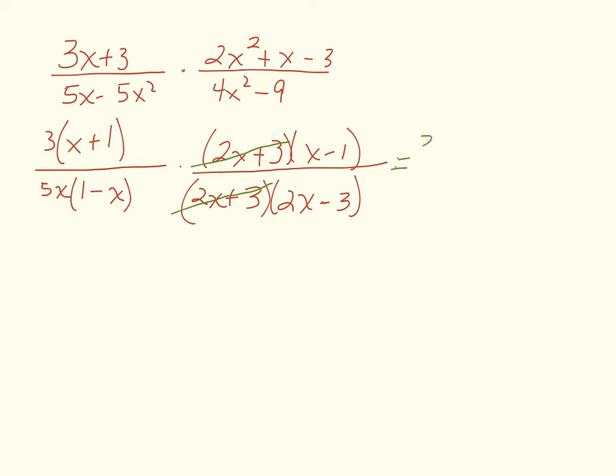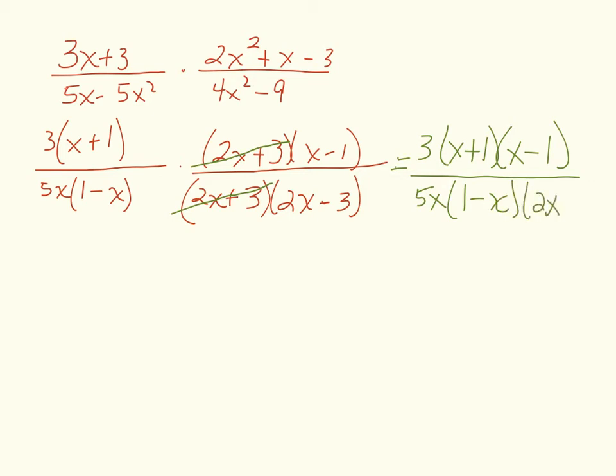Okay? So then, after we have that canceled, let's look carefully at what we have. We have 3 now times x plus 1 times x minus 1 all over 5x times 1 minus x times 2x minus 3. That's what we have left. But look at x minus 1 at the top, and then 1 minus x at the bottom in the denominator.